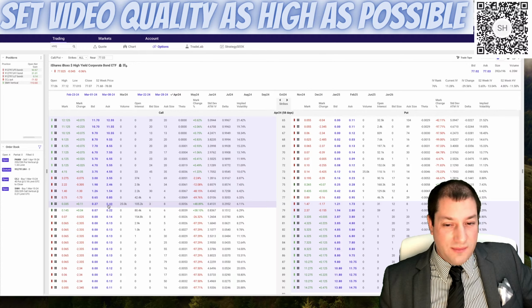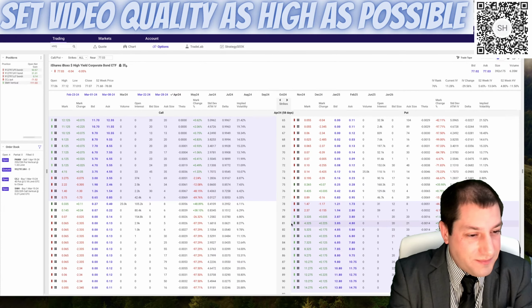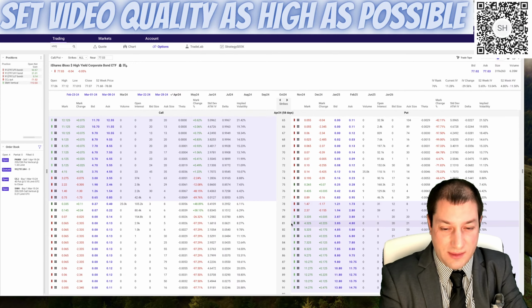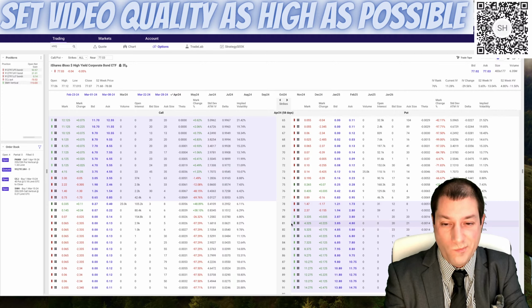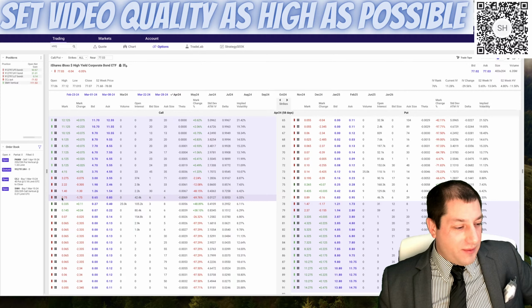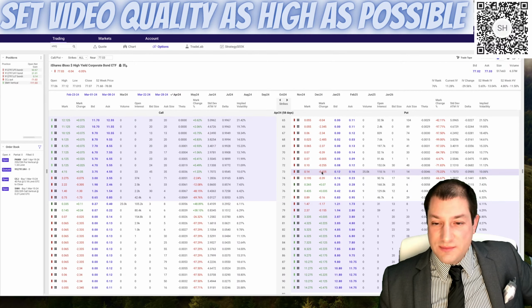Okay, so we got the 78 on the call side. Check this out. This is very interesting. 78 on the call side and 73 on the put side. Someone is selling the strangle. Interesting. What are they thinking? If you're selling the call at the money and selling the put far out.